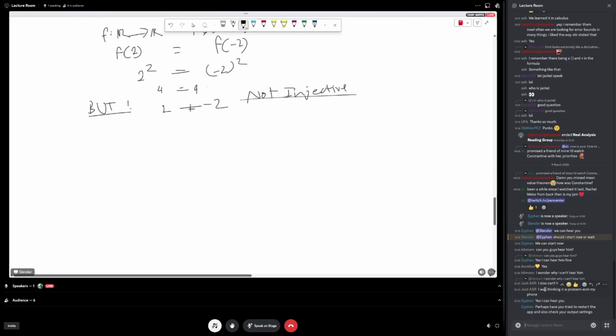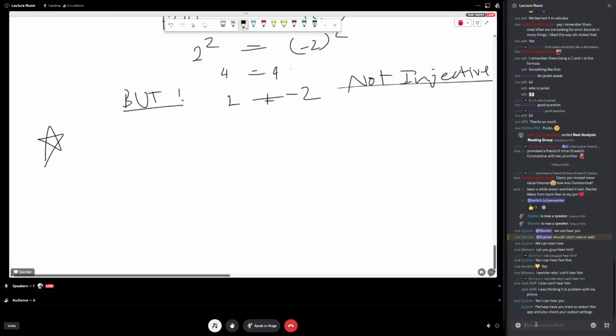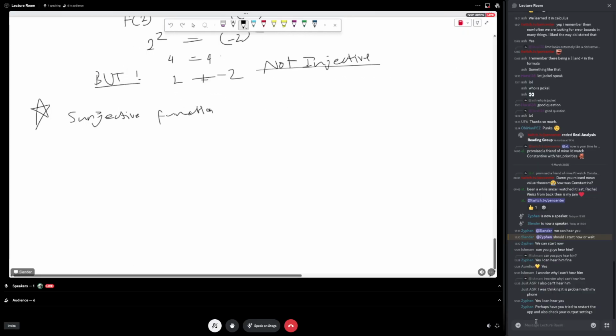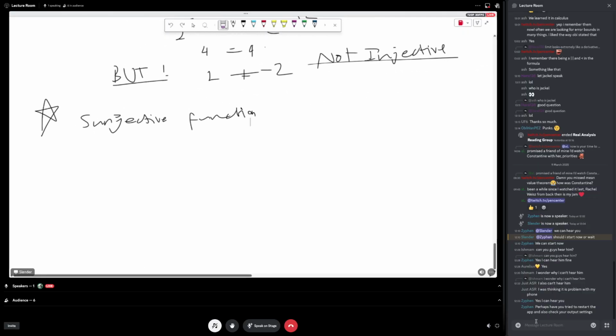So consider this definition: surjective function. We can just cheat and say a surjective function is any function that is not injective. That will work fine, but we need proper mathematical terms.